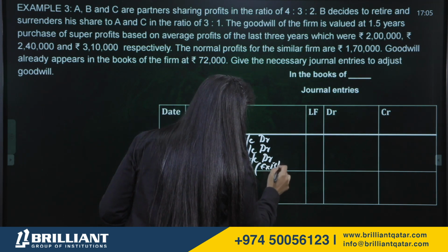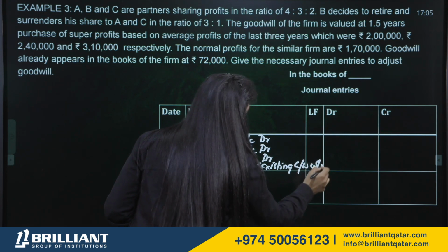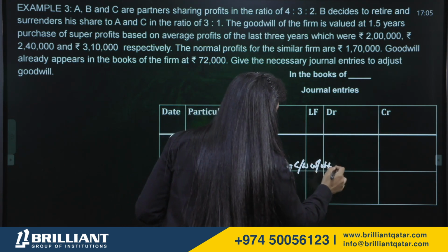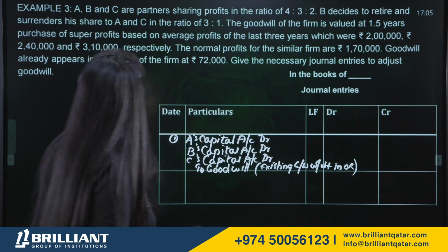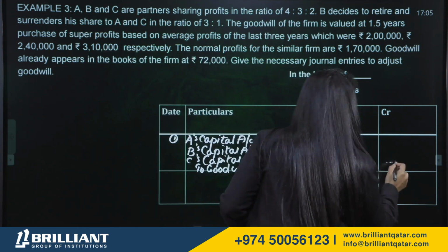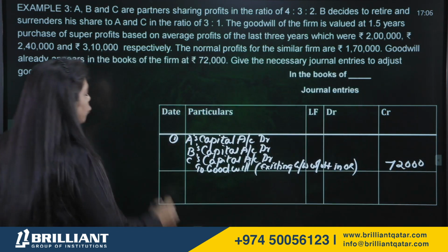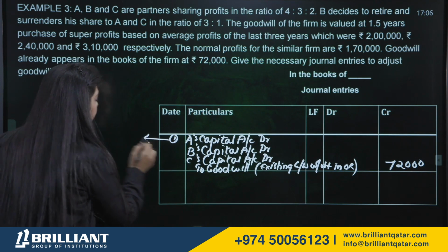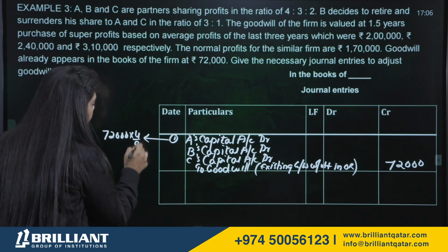Existing goodwill written off in old ratio. The goodwill that you have is 72,000, and the old ratio is 4:3:2. So in that case, what will A get? 72,000 into 4 by 9.